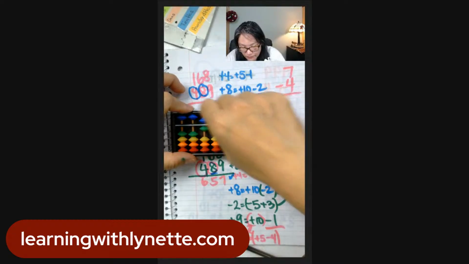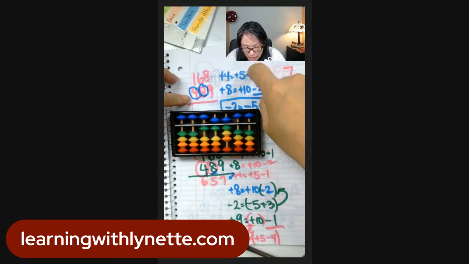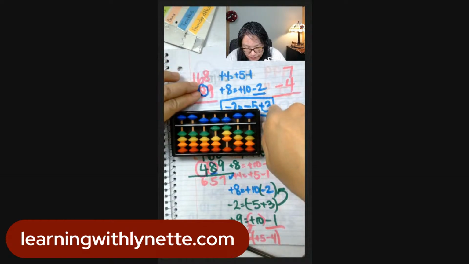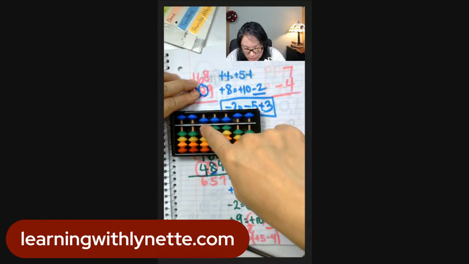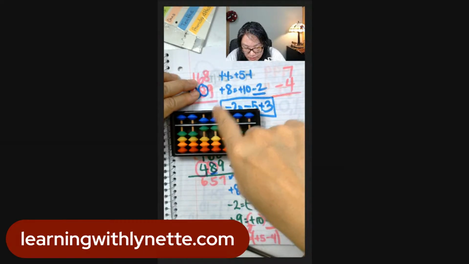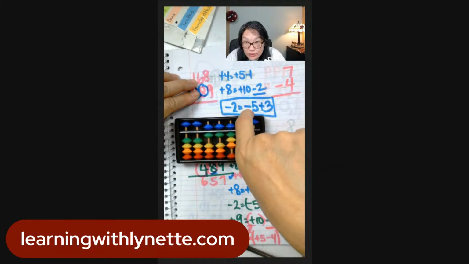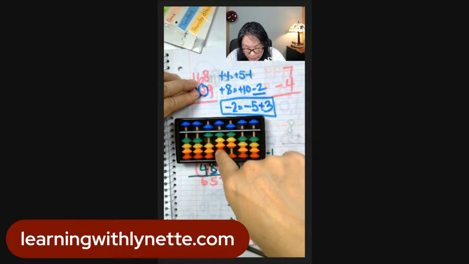Let's see. 1, 6, 8. Add the 5 and then the 8. Add the 8 plus the 10 minus the, oh, I see, minus the 2. Cannot minus the 2. Minus the 2 is what? Minus the 5 plus the 3.